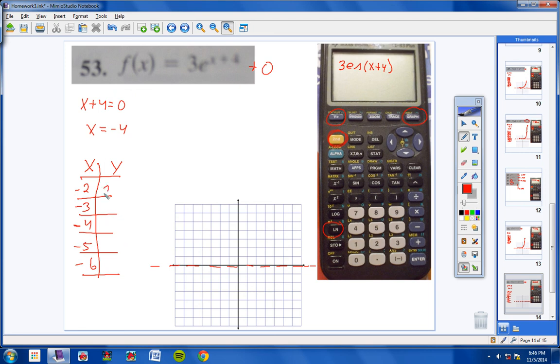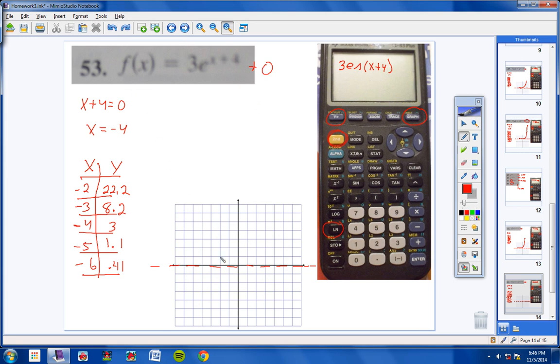If I've done it correctly, I'm getting 22.2 here, 8.2 here, 3 here, 1.1 here, 0.41 here. So let's see, over 2, up 22, way up here somewhere, well, that's wrong, sorry guys.